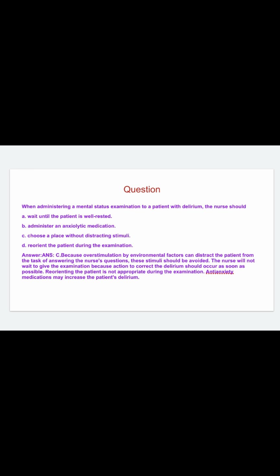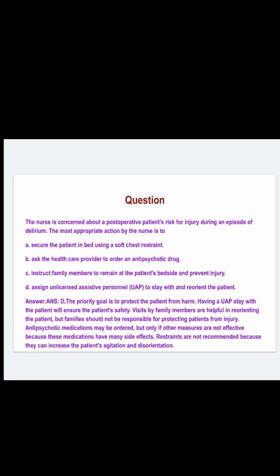distracting stimuli. So next one is, the nurse is concerned about the post-operative patient's risk for injury during the episode of delirium. The appropriate answer is to assign the UAP to stay with the patient and reorient the patient, because if the patient doesn't know what they are doing, if the patient is not alert and oriented, they can walk around, they can fall, and then they can have extra injury.